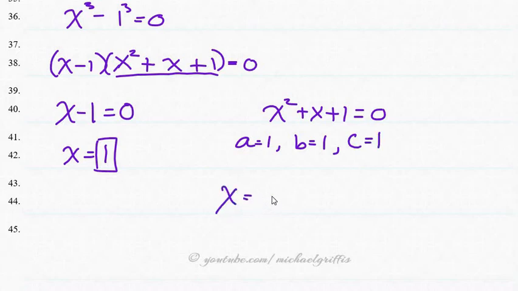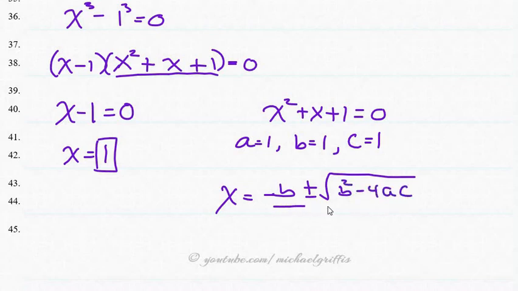So once again, negative b plus or minus the square root of b squared minus 4ac, all over 2a.